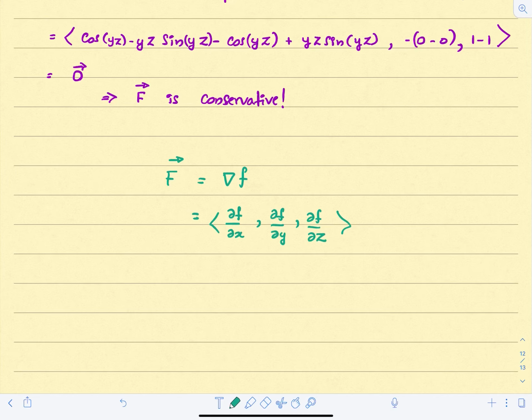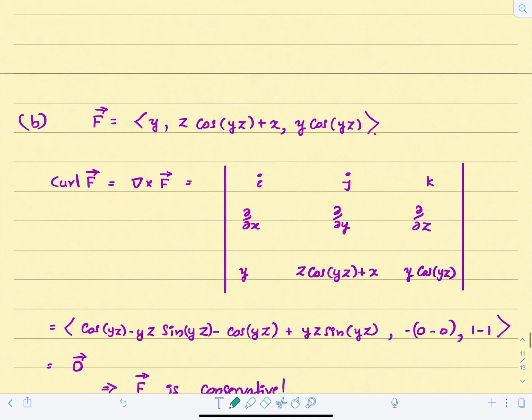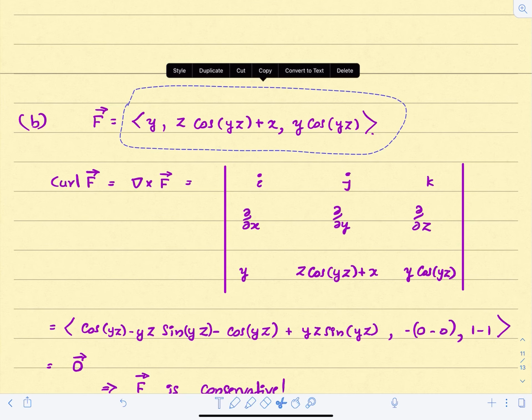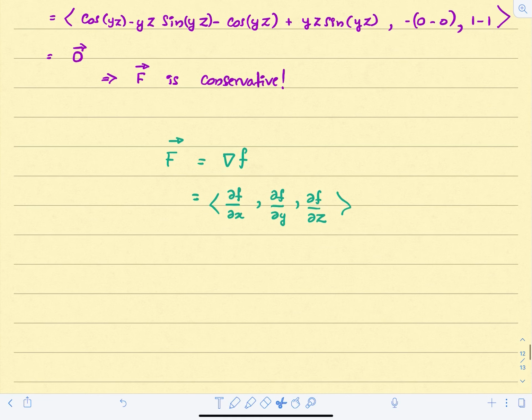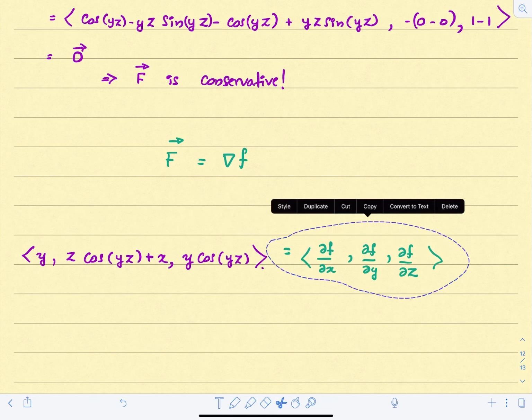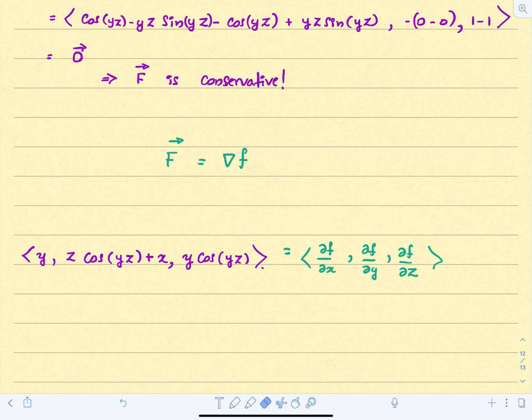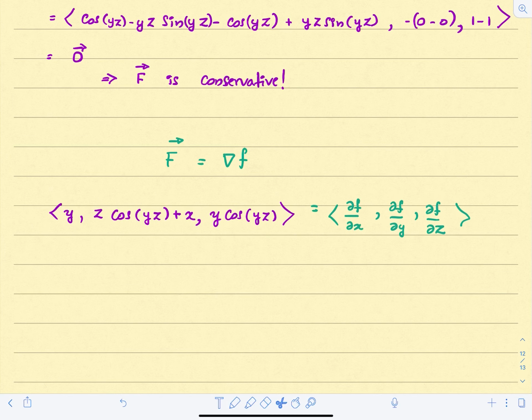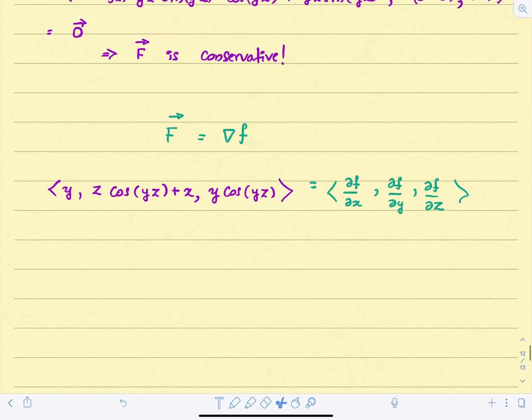That's the gradient of little f, and this equals the given vector field F, which is this. Now we can construct the equations.